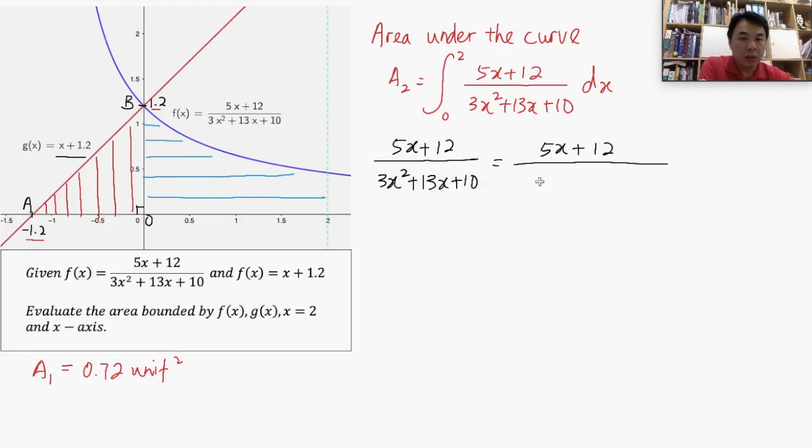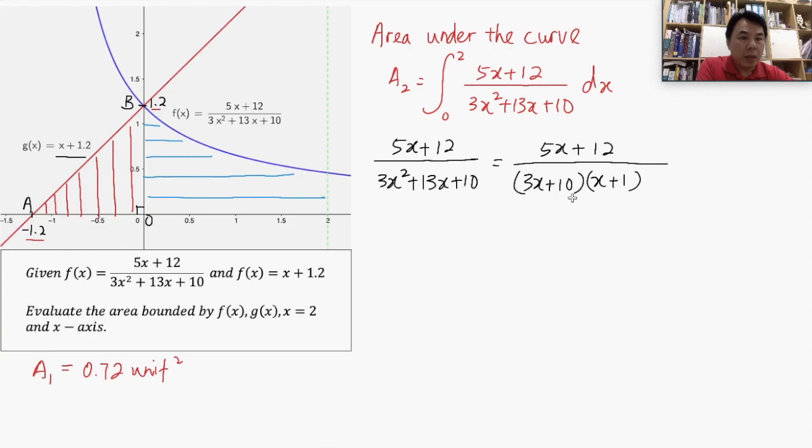That is basically (3x + 10)(x + 1). Let me quickly check that to see whether I got it right. Okay, so there you have it. That is the factorization of this function f(x).